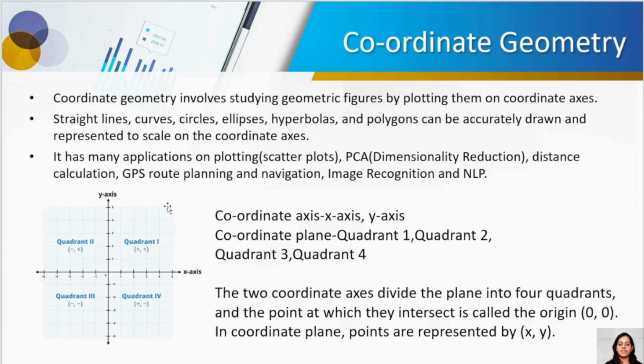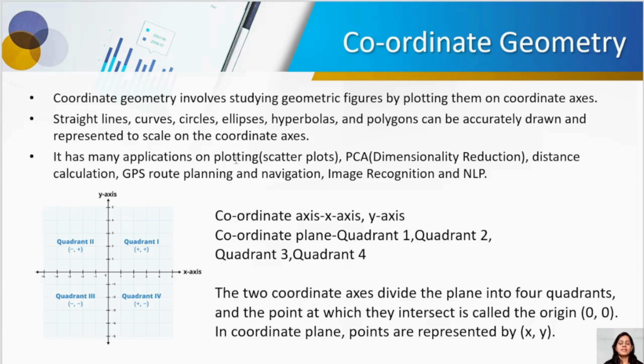If you're drawing a circle, a rectangle, a polygon, a hyperbola, or an ellipse, all those shapes are nothing but geometry. If we deal with them on an x-axis, y-axis, 2D axis or Cartesian plane, that is nothing but coordinate geometry, right?